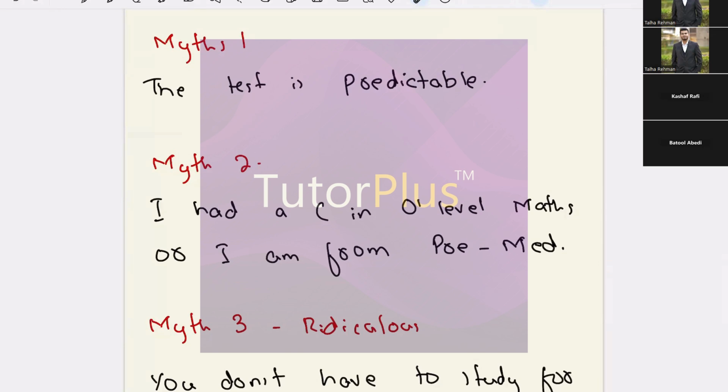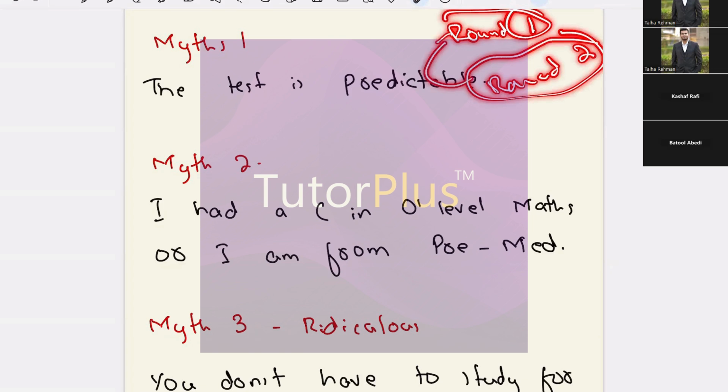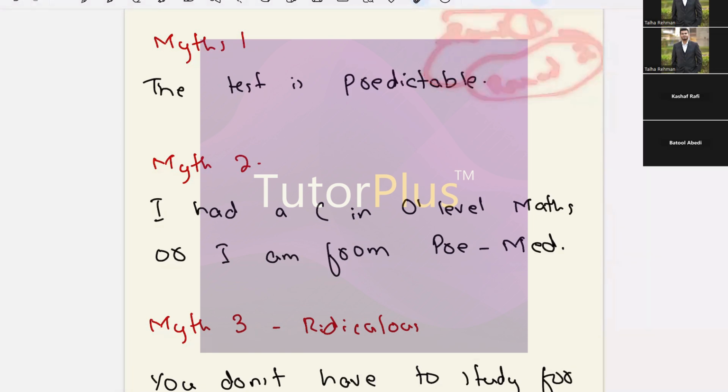Please remember, you could simply tell that person to sit the test with you and then reappear and clear the test again. There have been people who clear the IBA test in round 1, and when they resit in round 2 to get into their desired program, they're not able to clear it for any of the programs.